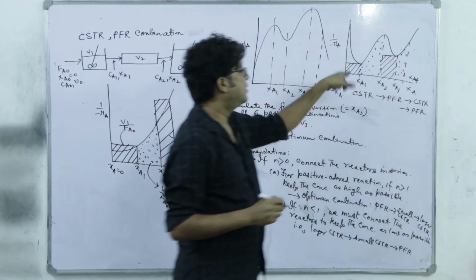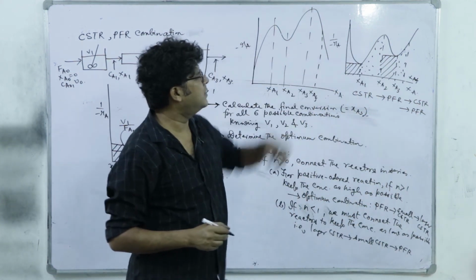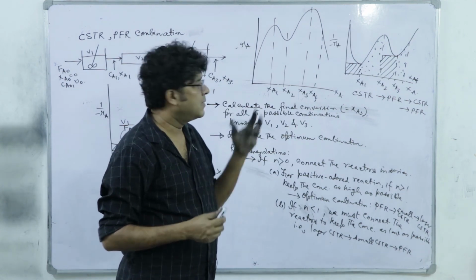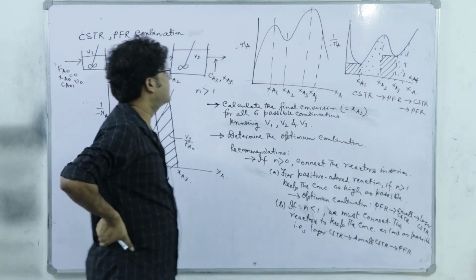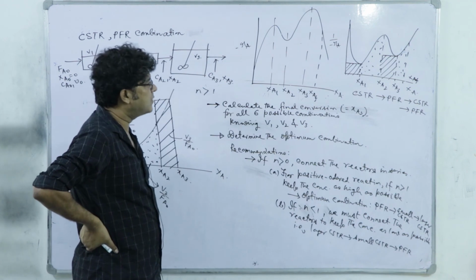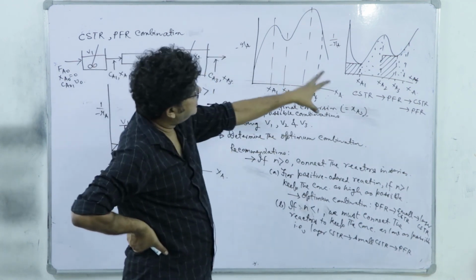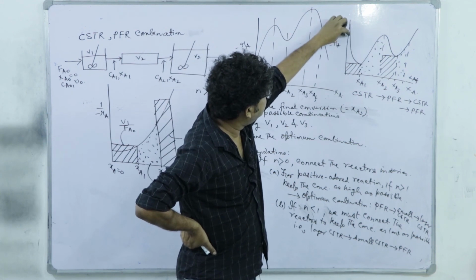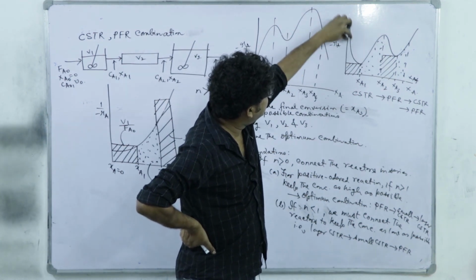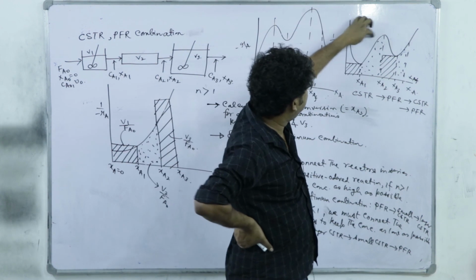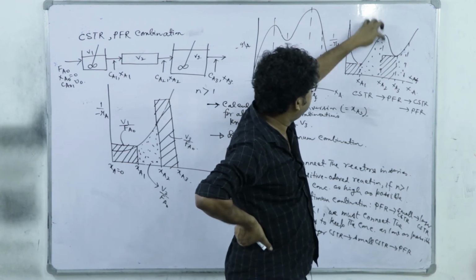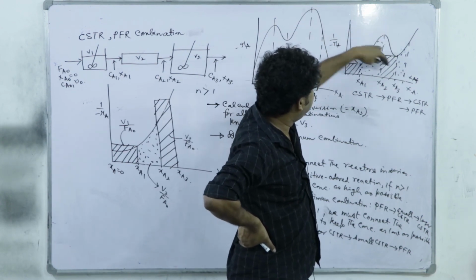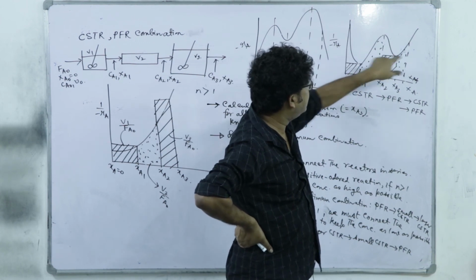When you see that there is a maxima or minima in this rate versus concentration or rate versus conversion curve, we have to physically inspect that, because in the first segment if I use a Pfr, this volume will be excess. In the second, if I use a Cstr, this will be the excess volume. In the third again same as first, and in the fourth same as second.